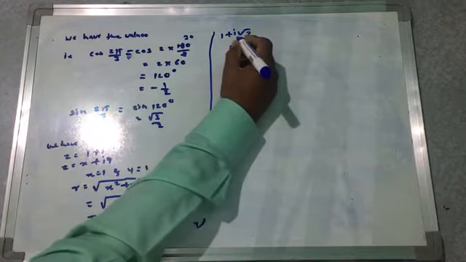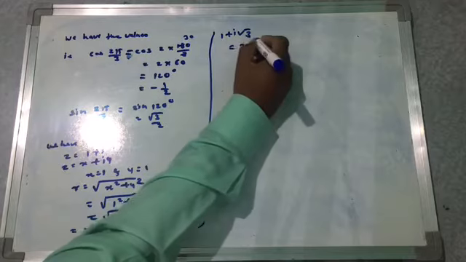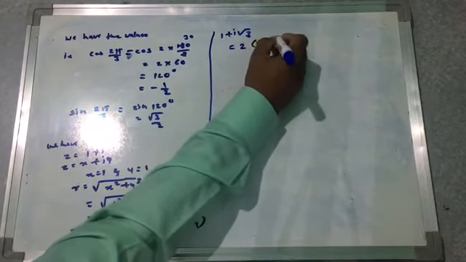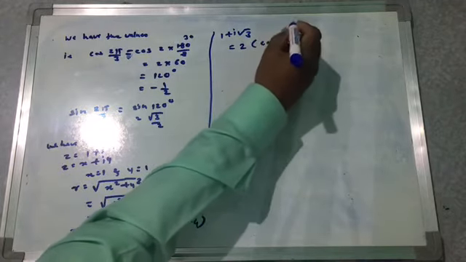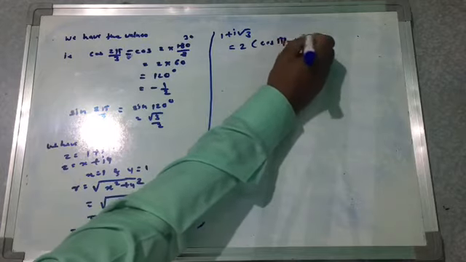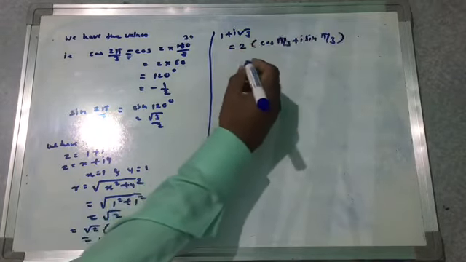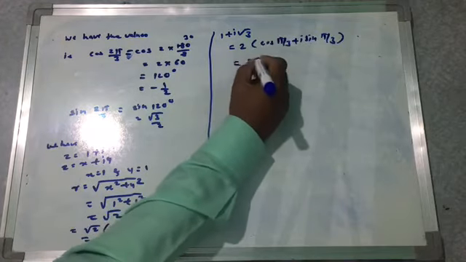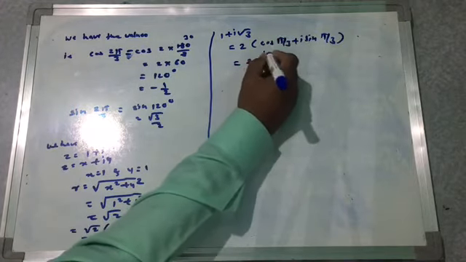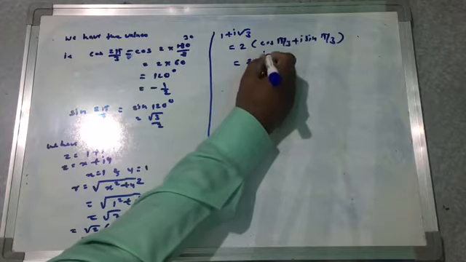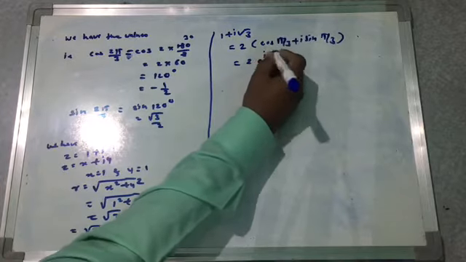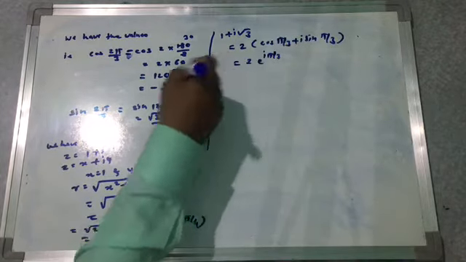We have to write 2 into cos pi by 3 plus i sin pi by 3. That is equal to 2 into e raised to i into pi by 3. Likewise, we have the same result in this.